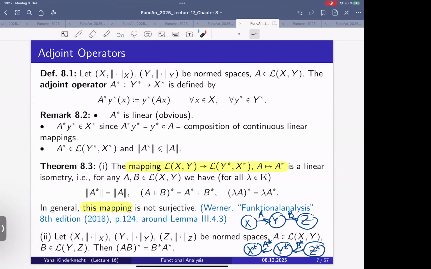So you first act by A and then by B. And here, in order to get this mapping from Z* to X*, you first act by B*, and you go here, and then you act by A* and you go here.